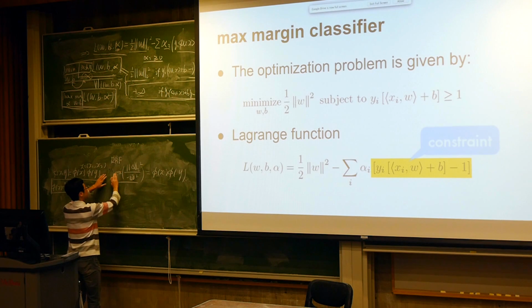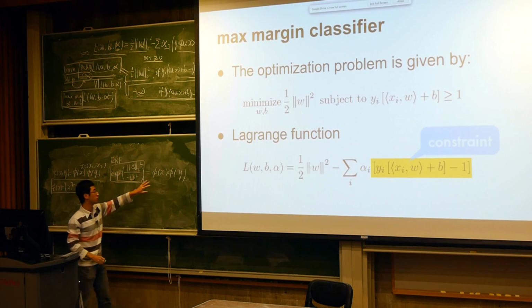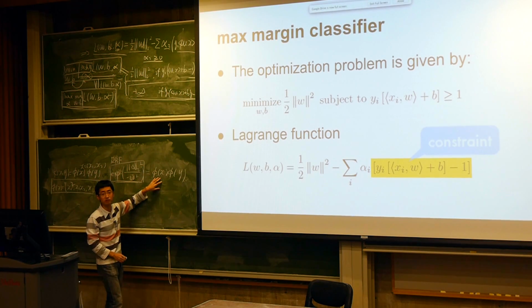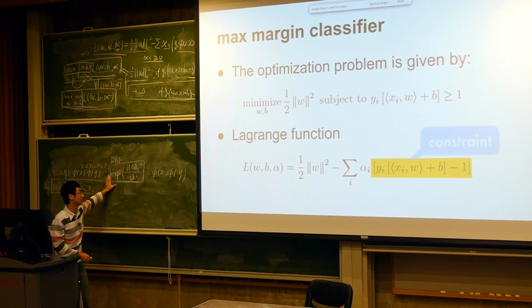This is the RBF kernel. We only know the kernel function, but we don't know this feature mapping function. So we have to use the kernel implicitly. That's why we have the pairwise term there.